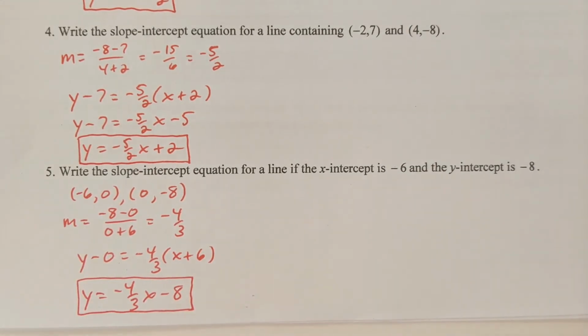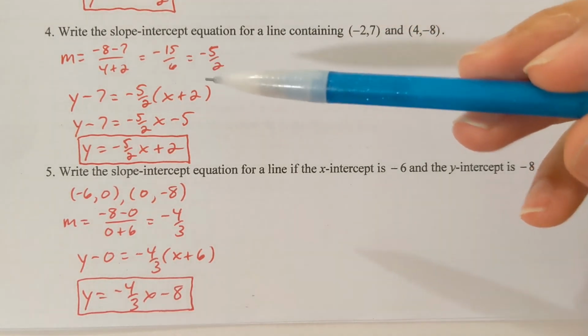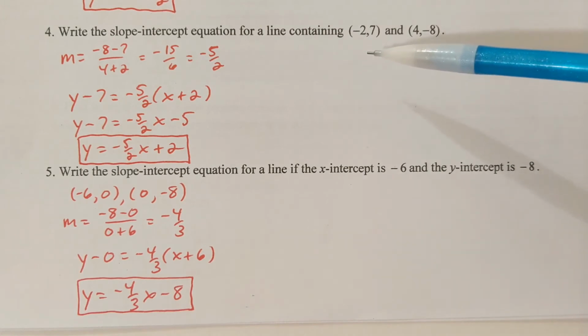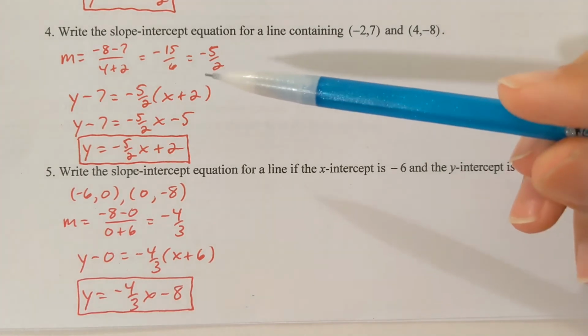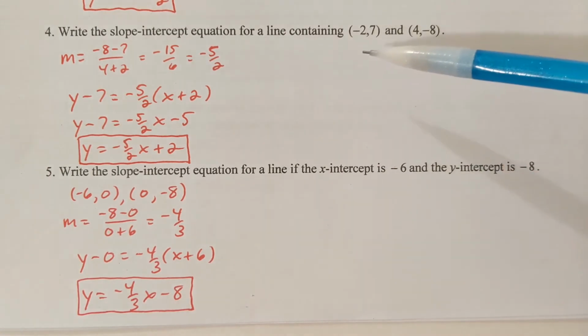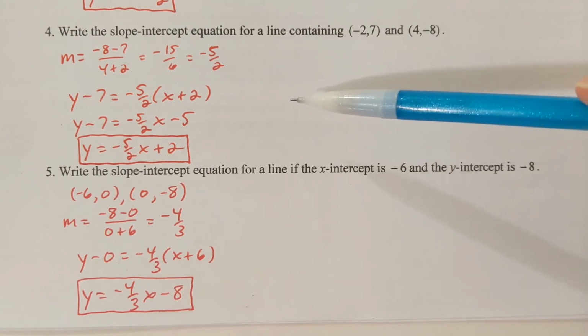Problem 4, write the slope-intercept equation of a line containing the points negative 2, 7, and 4, negative 8. So the slope of this line, change in y over change in x, negative 8 minus 7 divided by 4 minus negative 2 is negative 5/2. And you can use any point on the line. It's not going to matter which one. Both of them are on the line.